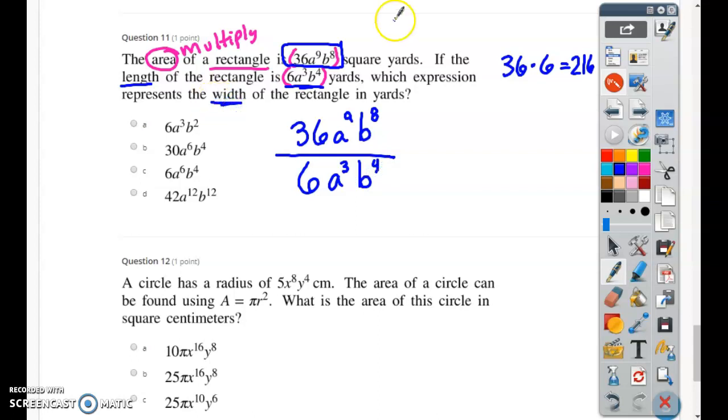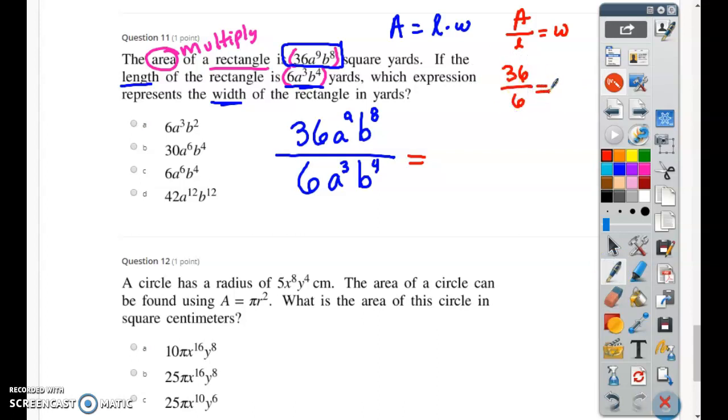Because it's asking for the width. Remember, area is length times width. But if I'm working backwards and they give me the area, then I divide by the length to give me the width. So you're dividing because they gave you the area. Area goes on top, length goes on bottom. So what's 36 divided by 6? 6.